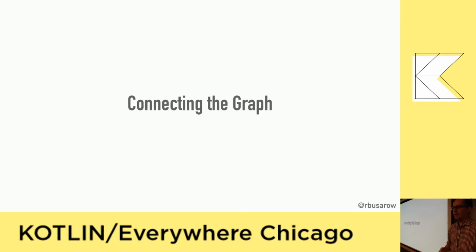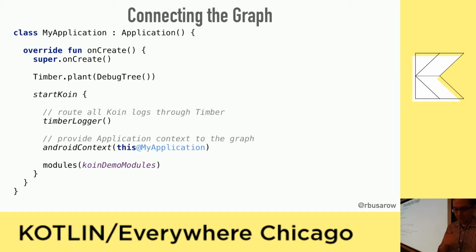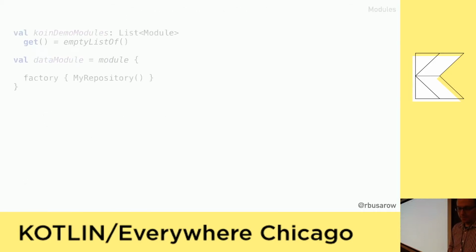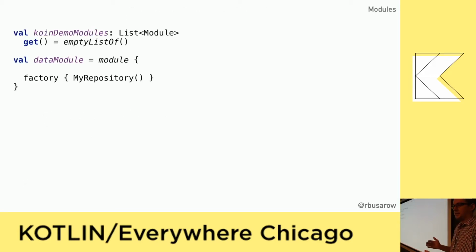So now we've defined how to do something, but it's not connected to anything, so we need to connect the graph. When we defined the Koin instance, we made this reference at the bottom to a Koin demo module, and then I really just glossed over it and moved on. That's a top-level list stored in some file somewhere, and it's currently empty.